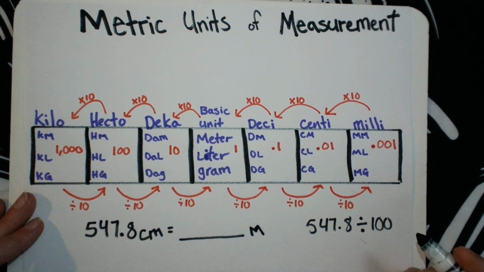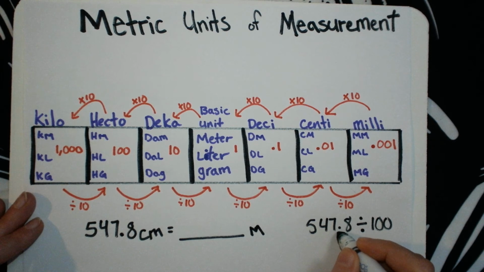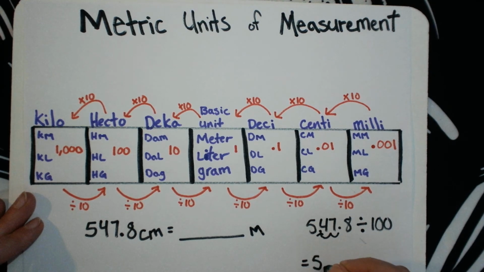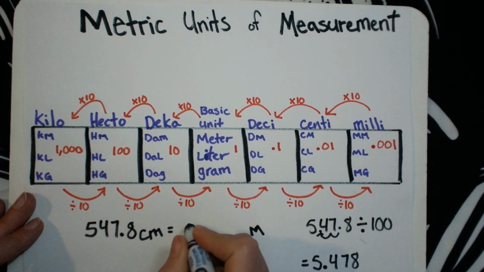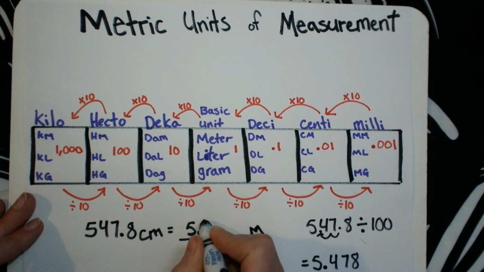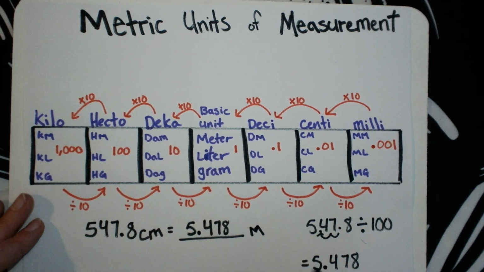To make this simple, what I'm going to do is I'm going to make this smaller by scooping my decimal 2 places to the left. 1, 2. And so my new number is 5 and 478 thousandths. So 547 and 8/10 centimeters is the same as 5 and 478 thousandths of a meter.